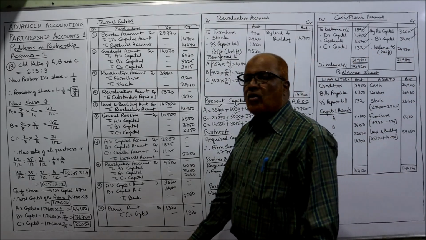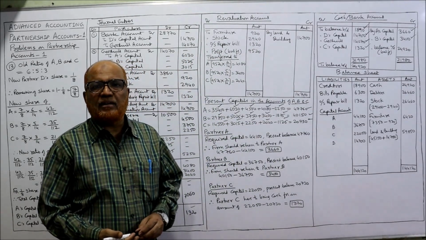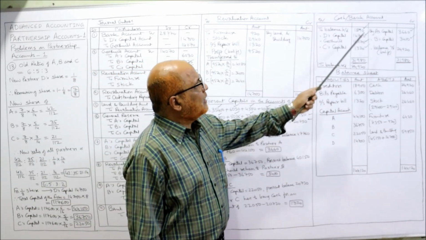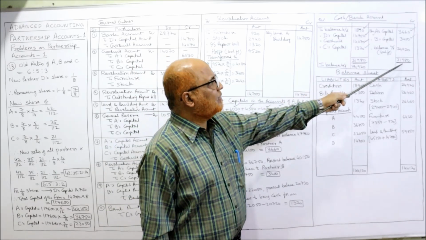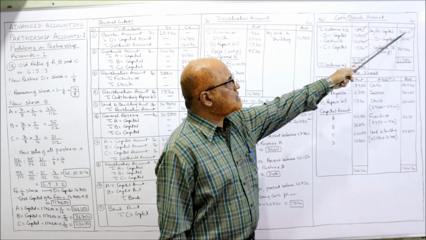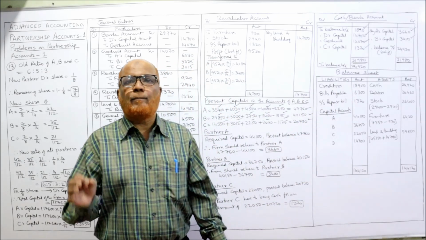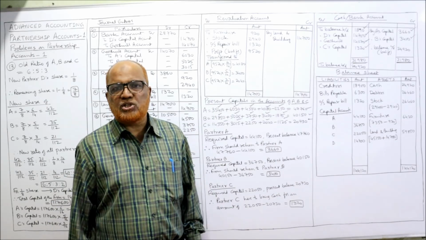So we have posted all the entries in the bank account. Now simply find out the balancing figure. On the debit side the total is 31,980. 31,980 minus 3,660 minus 3,400 gives 24,920, the bank balance or cash balance after making all adjustments.